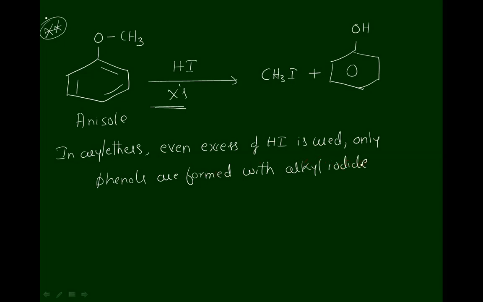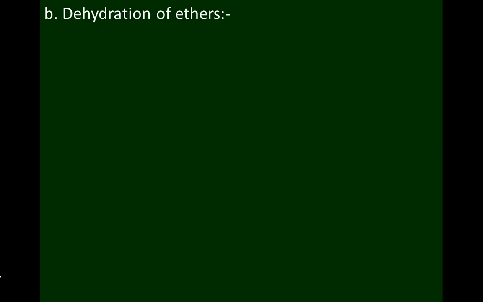Means we get two different products. One is alkyl iodide, and along with alkyl iodide, we get only phenols. Please note it down. Next, coming to dehydration of ethers.